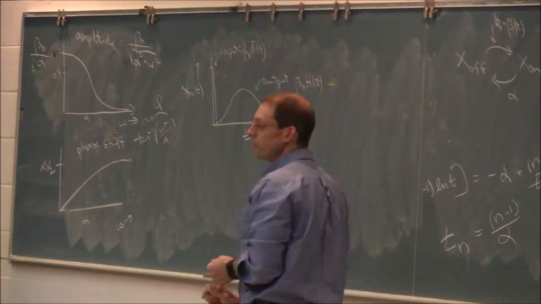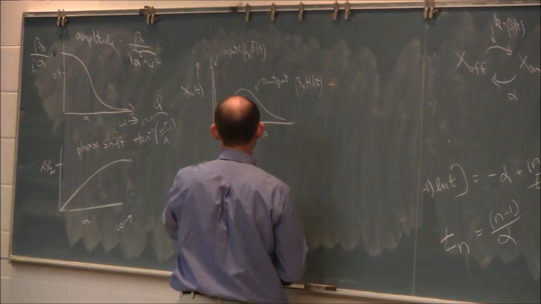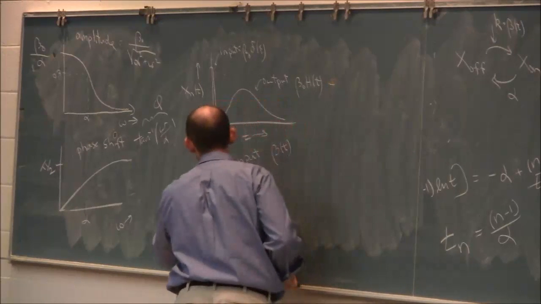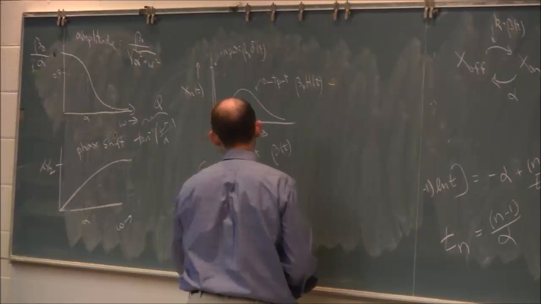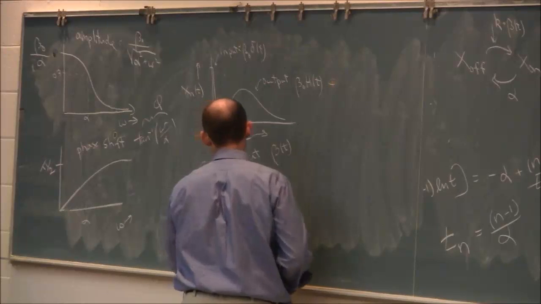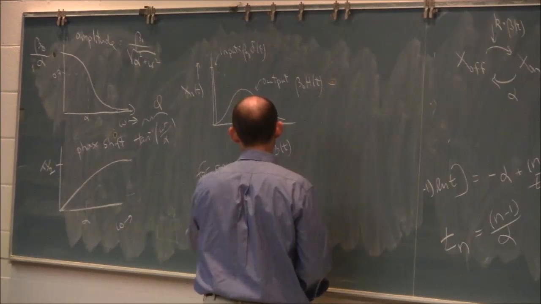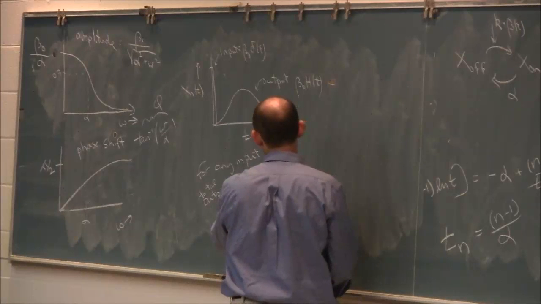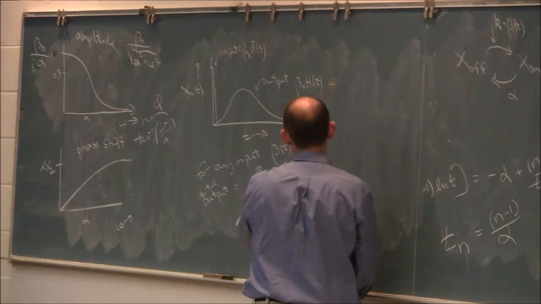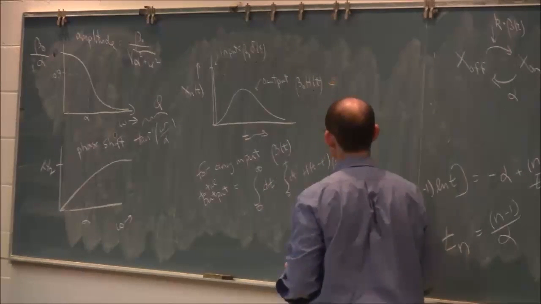And in general, for any input beta of t, the total output is equal to the integral from 0 to infinity dt, integral from 0 to t dt prime, h of t minus t prime, beta of t prime. So something like that.